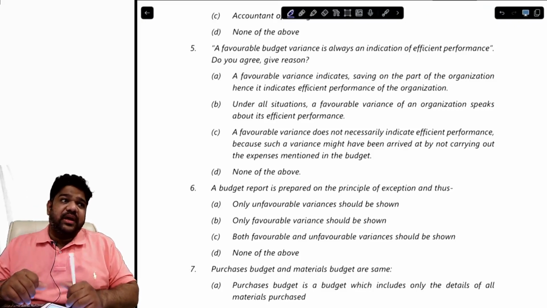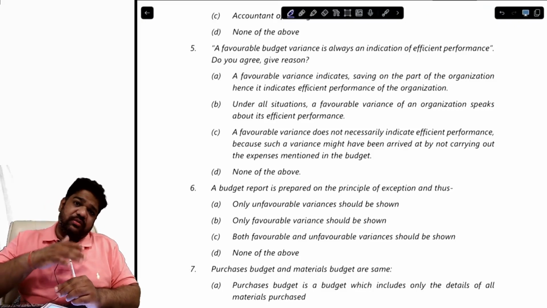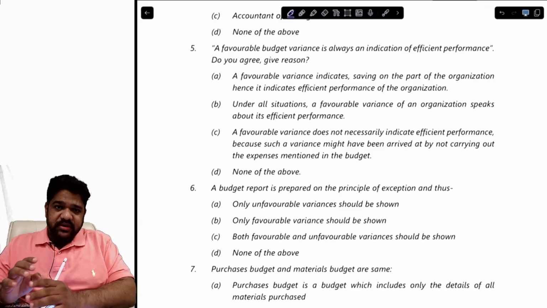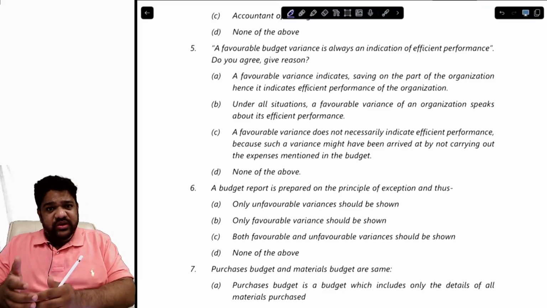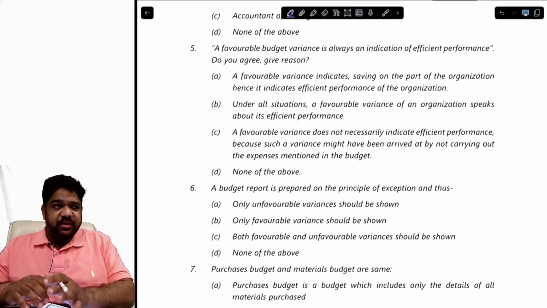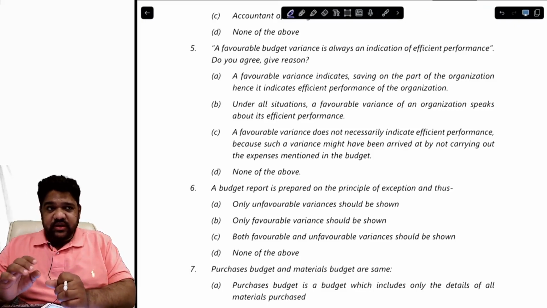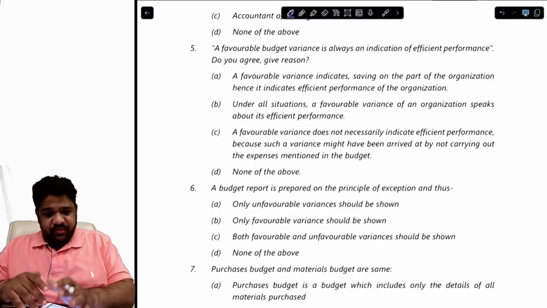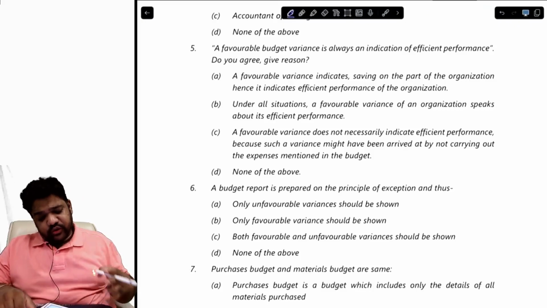Many a times what happens is you may actually have drawn the budget wrong. You may have given too much in the budget, and it was way too easy to achieve, which is why it was a favorable one. So it may not always be the case that a favorable budget variance is an efficient performance.